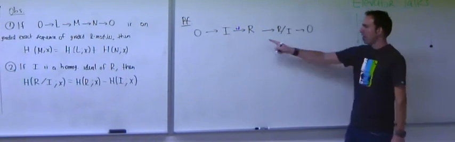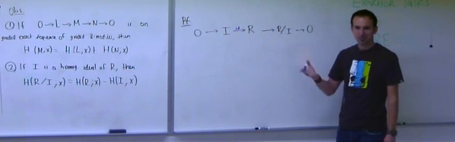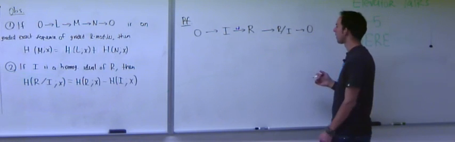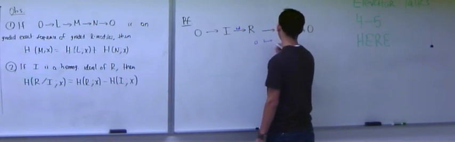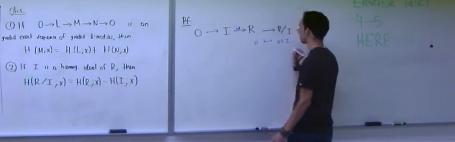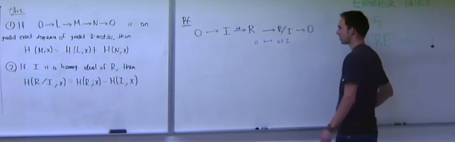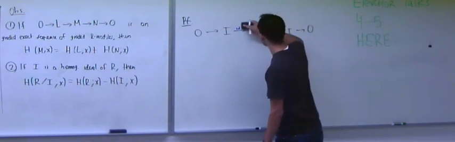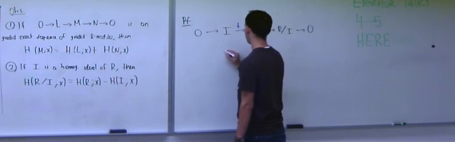And how do you map R to R mod I? A natural choice is quotient by I, right? So you take an element a, and you map it to the coset a plus I. Let's really write this out. So this is F, this is G. So what is F going to do?